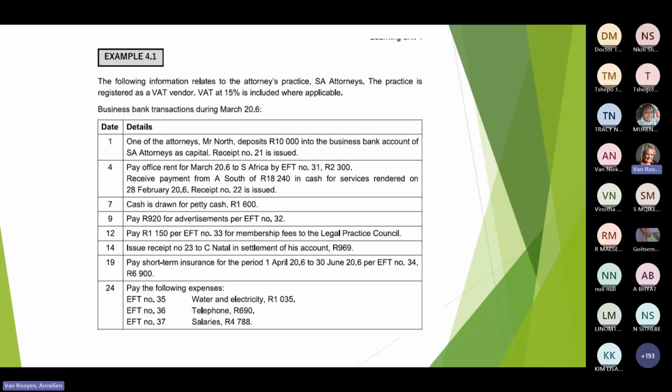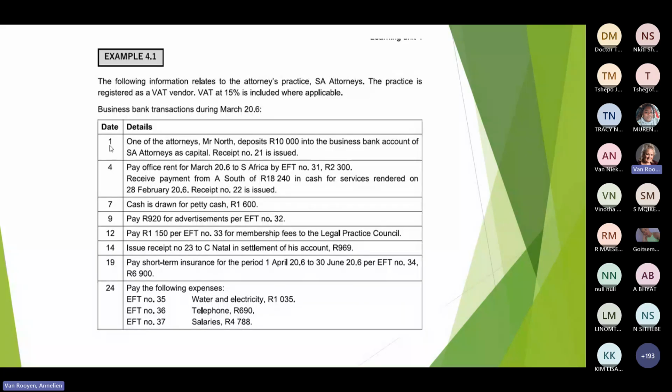The output VAT is 120. Now the input VAT, sorry about that. The input VAT is 120, and your total that goes into your bank account is 920. Okay, thank you, ma'am. Let's carry on now with this.